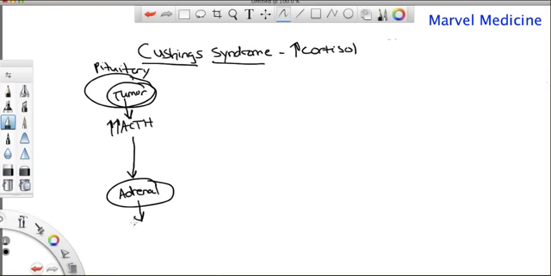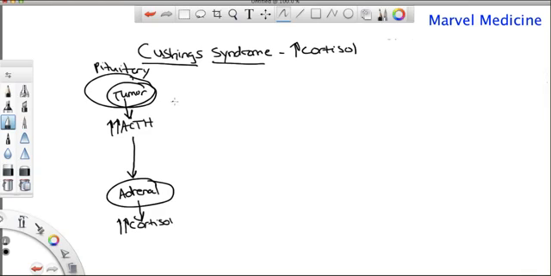And it's releasing cortisol from here, but a lot more of it, right? Because there's really no control here. This tumor, all it knows is, okay, my only job is to produce ACTH. It's an ACTH producing factory, and that's all this tumor is doing. And it's going to the adrenal gland, causing cortisol to build up more and more and more. Okay, and it's causing the same syndrome that I talked about earlier.